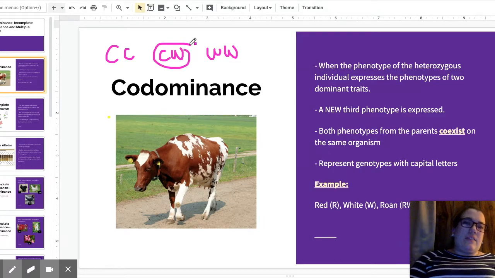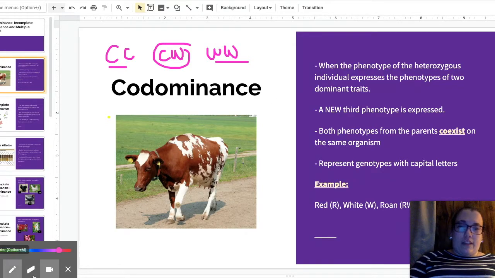This heterozygous individual is going to be considered codominant when it is a combination of both of these individuals. So a third new phenotype is expressed.